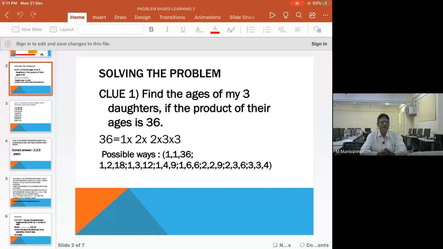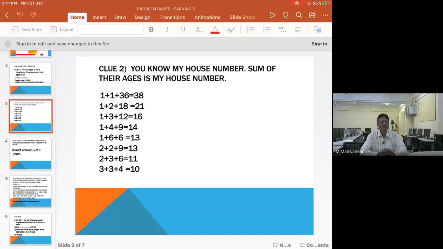The next clue is given. The sum of their ages is my house number, and the person knows his house number. So he added all these factors and got these sums. After finding the sums, he says, I am not able to answer your question, give me one more clue.